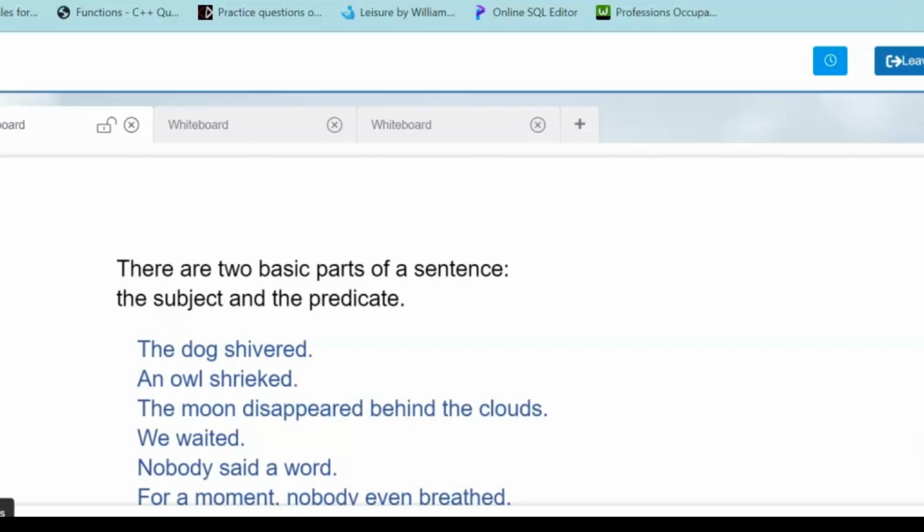When you have an English sentence, you will be given a subject and a predicate. You have to identify what is a subject and what is a predicate in that.